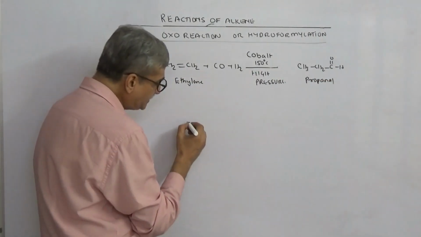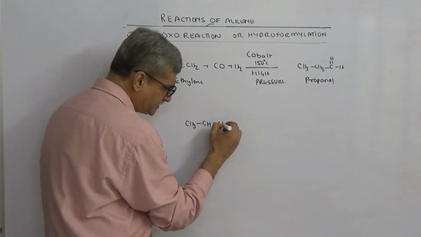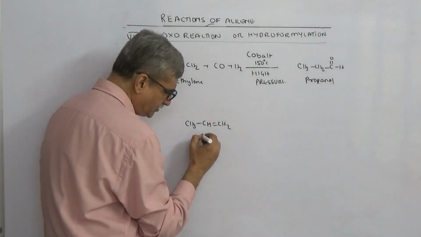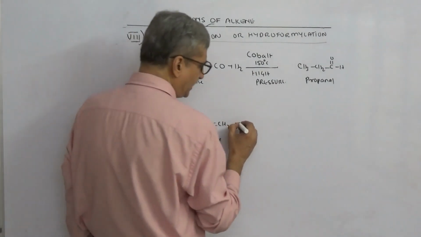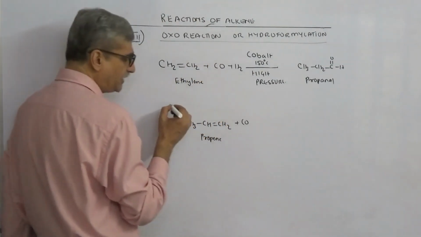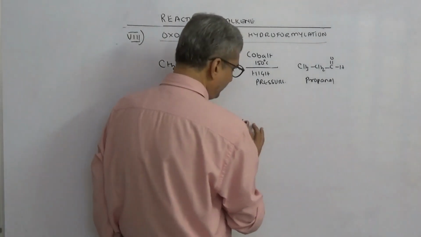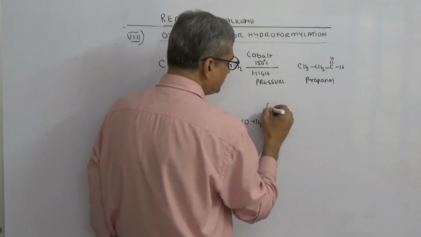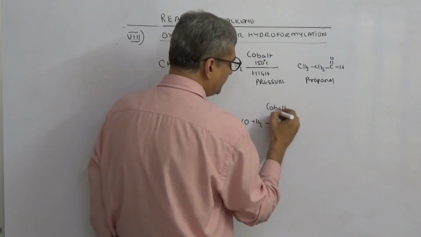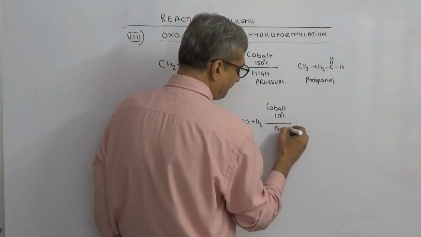But if you take an unsymmetrical alkene, suppose I take CH3CH=CH2, that is propene, and react with carbon monoxide, this would be more relevant from the entrance exam point of view. You react with carbon monoxide and hydrogen in presence of cobalt as catalyst at 150 degrees centigrade and pressure.